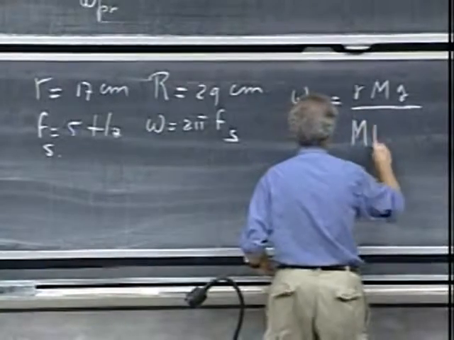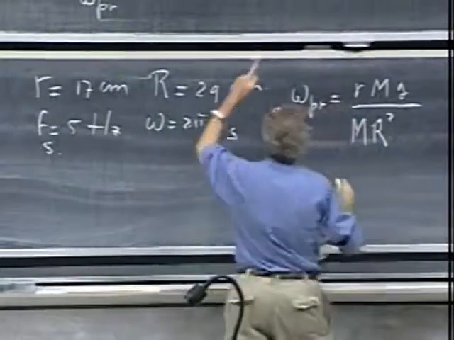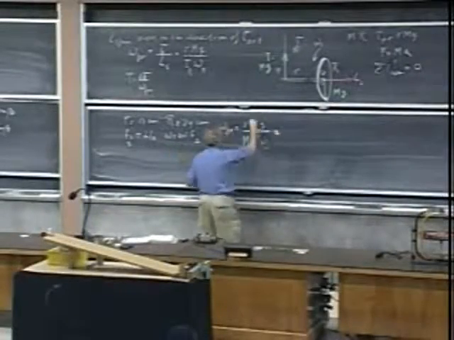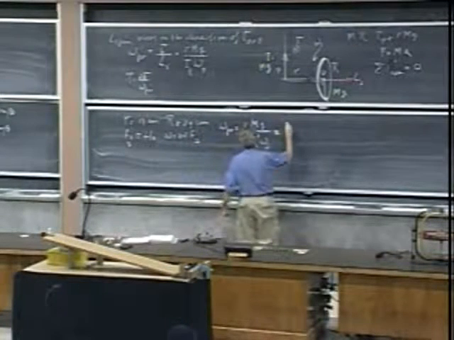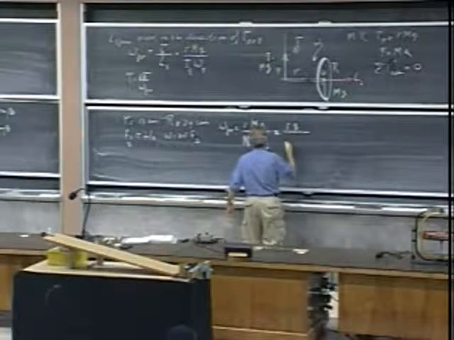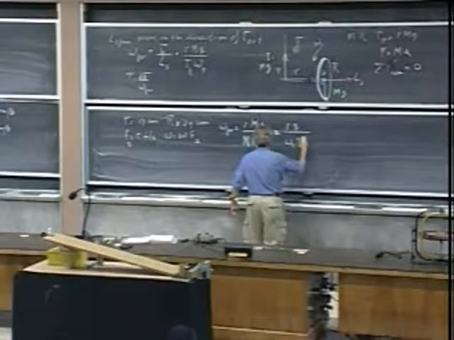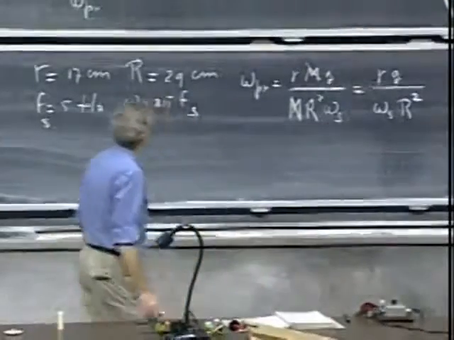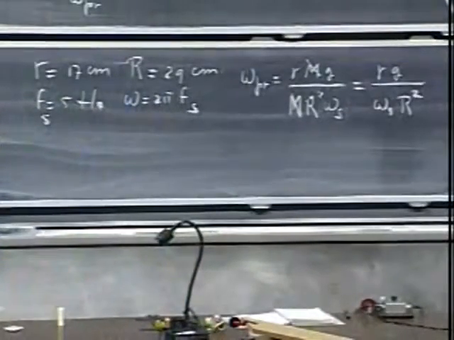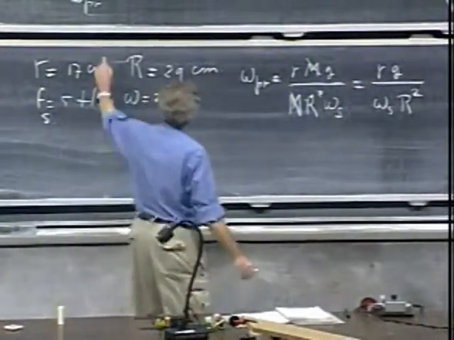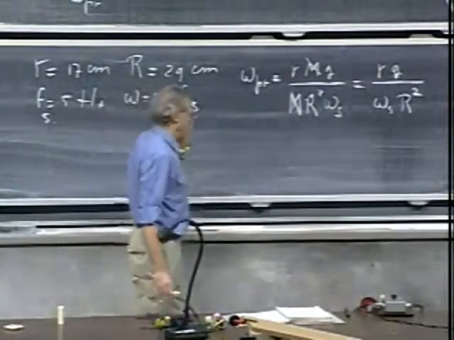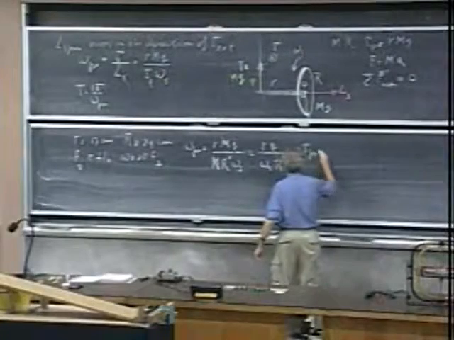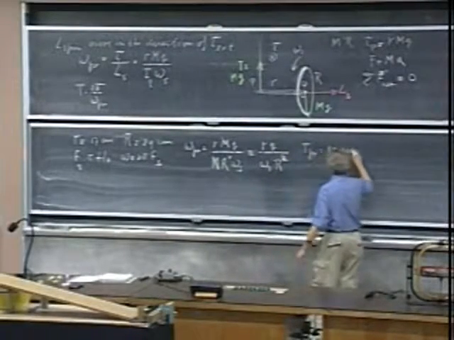It's an approximation, so we get mr squared, and then we get omega s, which we have here. We lose the m, and so we get Rg divided by omega s times r squared. That is the angular frequency of the precession, and the period of the precession is 2 pi divided by omega, and you then find for the period of the precession about 10 seconds.